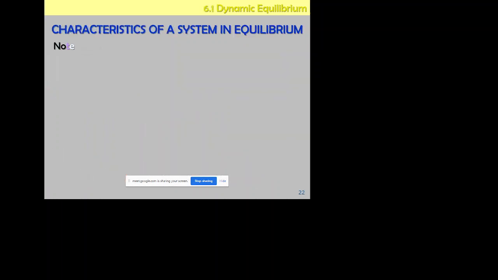So okay, this is something the question sometimes asks in the early questions, like question 1, question 2. The question will ask about the characteristics of a system in equilibrium. Remember I said earlier the very first thing is that it is in a closed system, because it's easier to reach equilibrium compared to leaving it in open space.